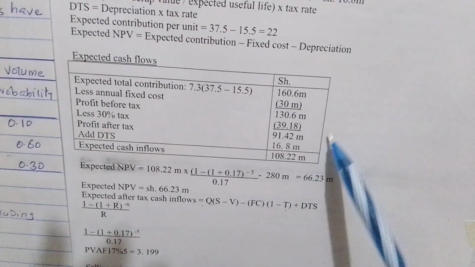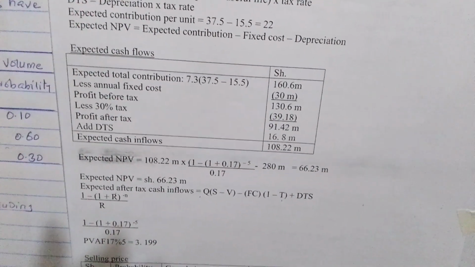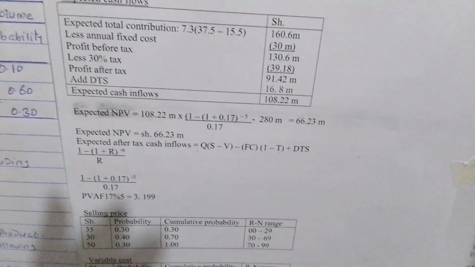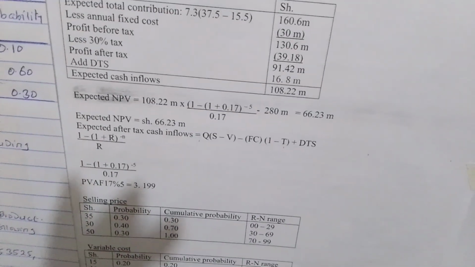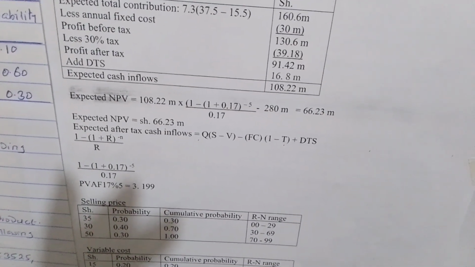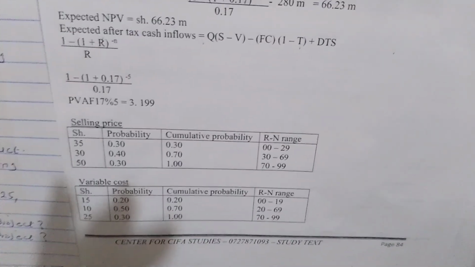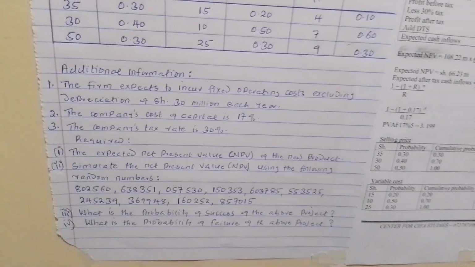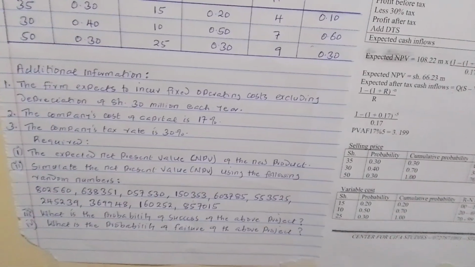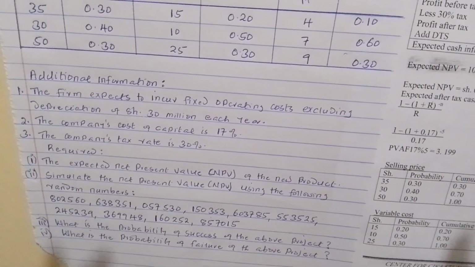The 108.22 is this one, and then you minus the initial capital outlay of 280 million, and that's our expected net present value, 66.23 million. So having that in mind, we move to the next part. Question 1 was asking us to calculate the expected net present value of the new product, and that is our expected net present value.